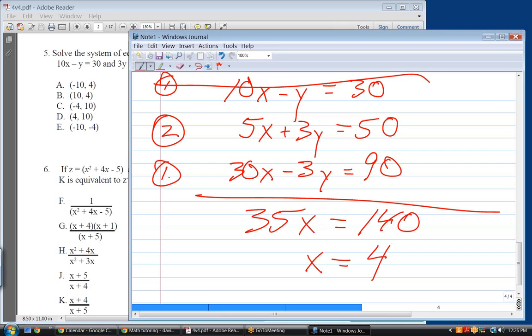You could pick any of these 3 equations, substitute x equal 4, and then you'd be able to solve for y. But this problem is they're giving you a little bit of a break. What's the answer? D. We don't have to go in and solve for y. They just saved us 30 seconds by giving us only one answer that had an x coordinate of 4.